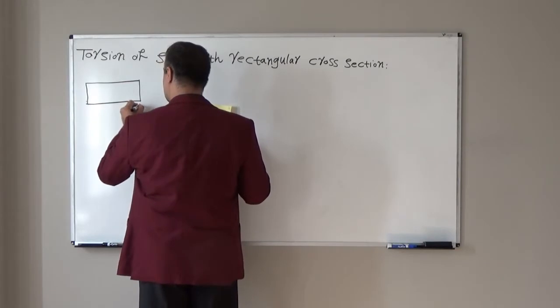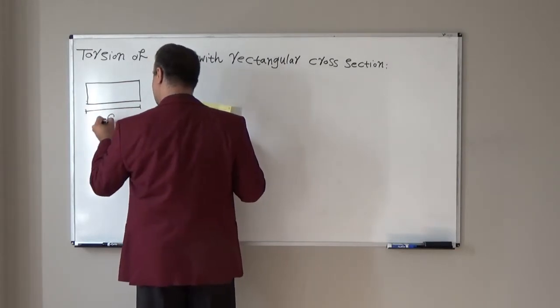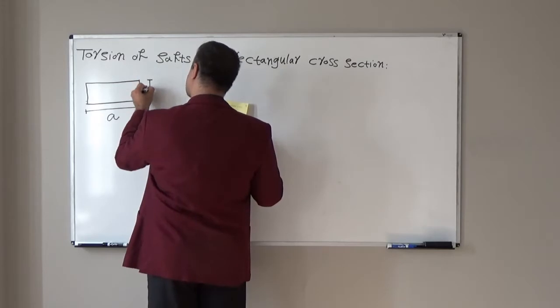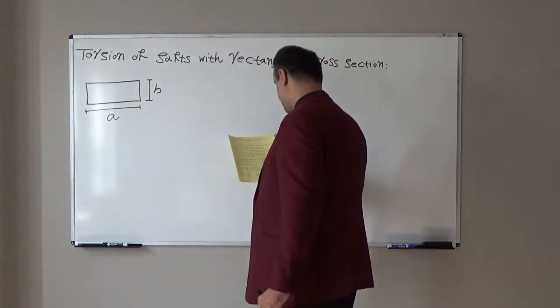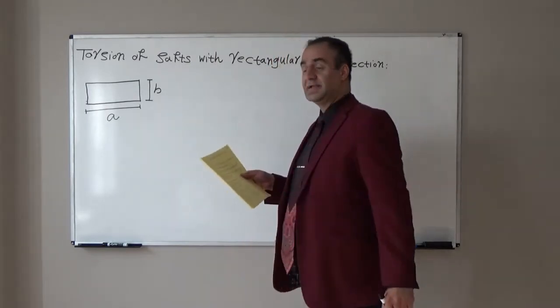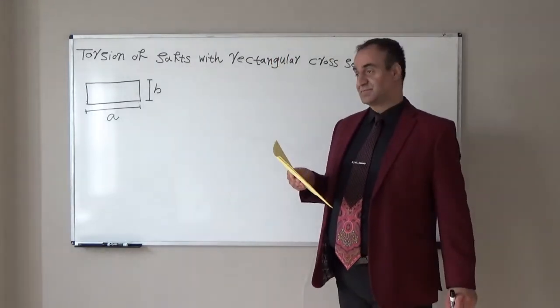Long side, we will assume the length is A. Short side, we will assume it is B. Let's look at the shear stress distribution here.